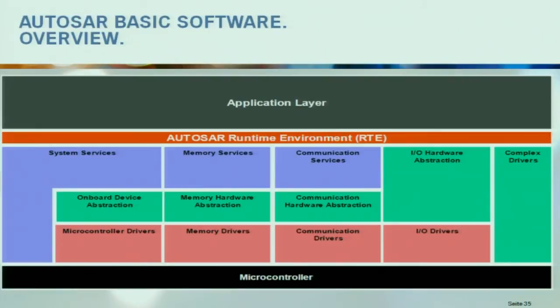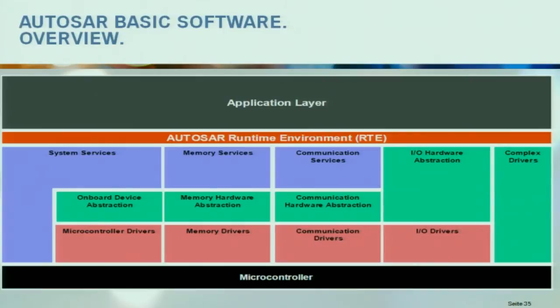So now let's have a little bit closer look at the details of AUTOSAR. And as I promised you, AUTOSAR has a little bit more layers than only 3. What you can see here is on the bottom we see the microcontroller. And we have several layers on it. The first layer is typically called the hardware abstraction layer.